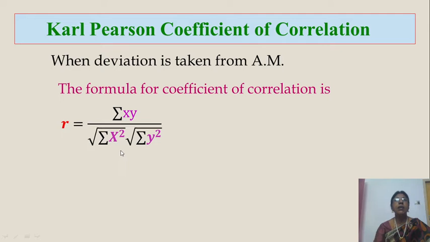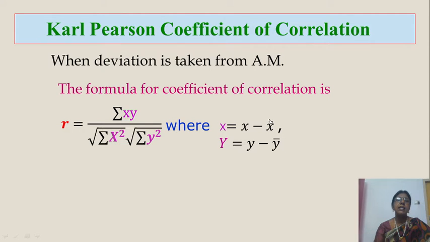Here we have given two sets of variables, small x and small y. Capital X is equal to small x minus x bar. Small x means the given data. We have given two sets of data, small x data and small y data. But what is capital X here? Small x minus x bar.